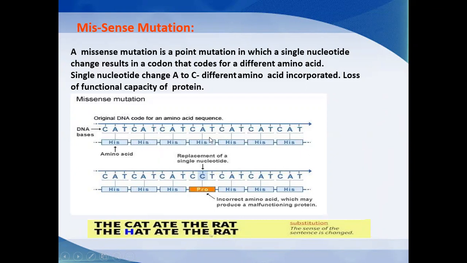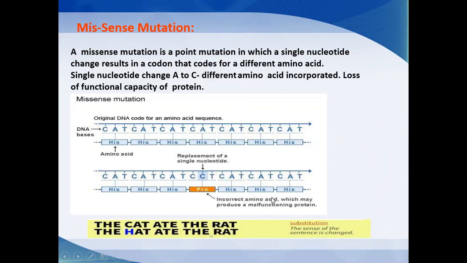Here you can observe that A is replaced with C. The CAT sequence is transcribed into a codon, and that codon recognizes histidine. But after replacement of A with C, that codon recognizes proline instead of histidine.